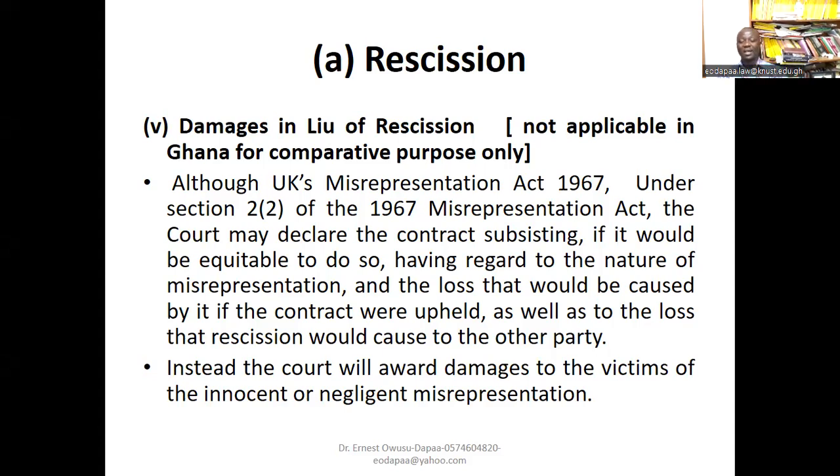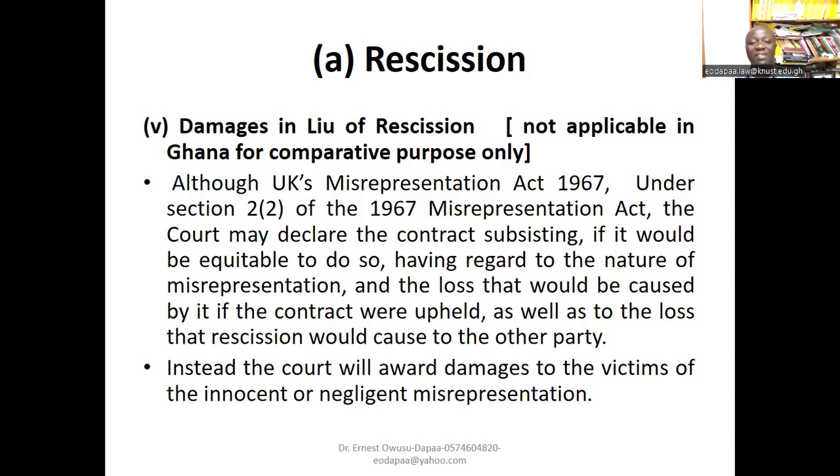where the court declared that, yes, the contract which has been affected by misrepresentation is subsisting, the court could, for example, order that instead of setting the contract aside, instead of rescinding it, the contract should remain in force, and rather the affected party will be given damages.